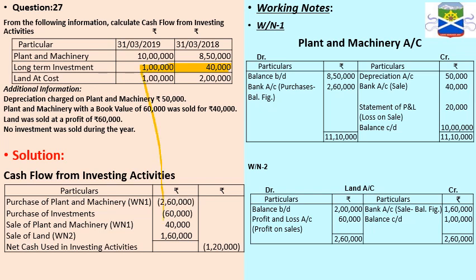So 60,000 is coming over here as purchase of investment. And sales of land, we have already calculated over here. So by doing all these things, we will get the cash used in investing activity, negative 1,20,000. So this is your question number 27.